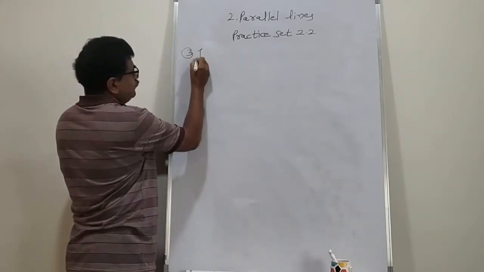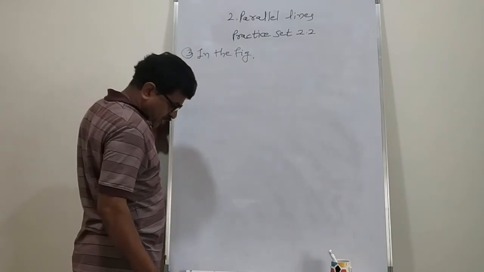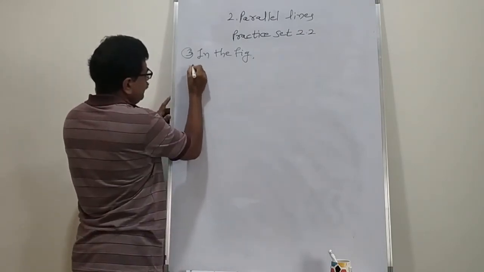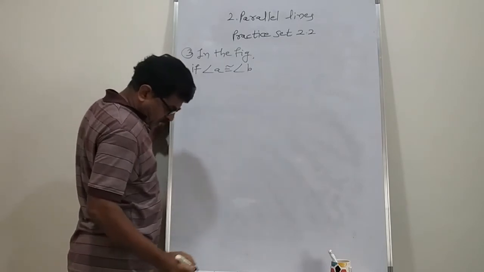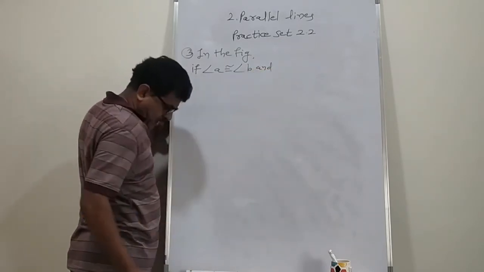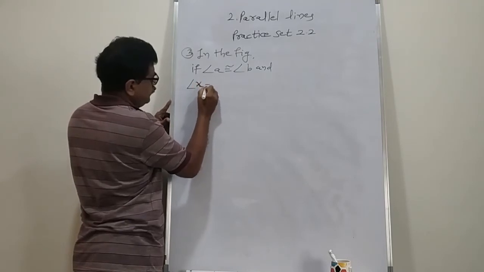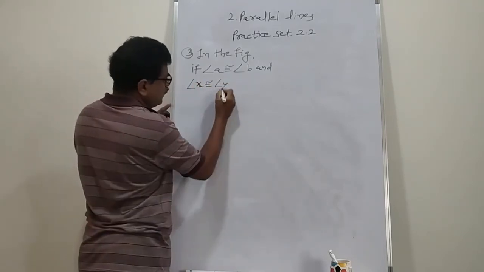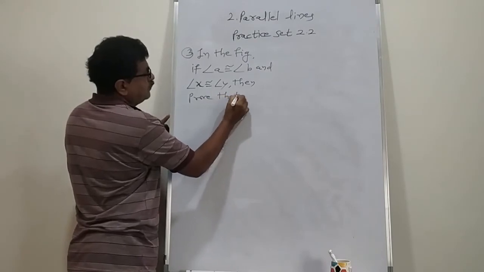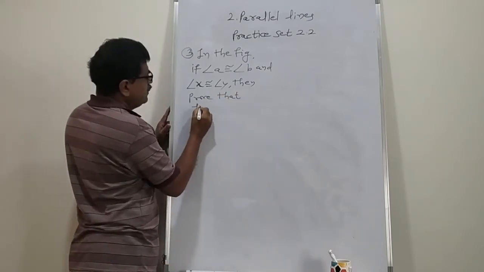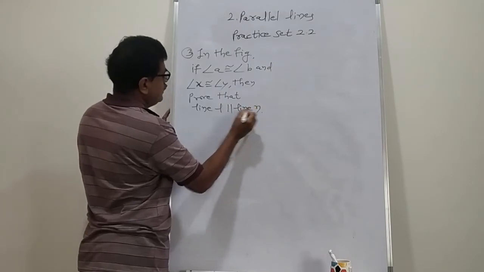In the figure, if angle A congruent to angle B, and angle X congruent to angle Y, then prove that line L parallel to line M.